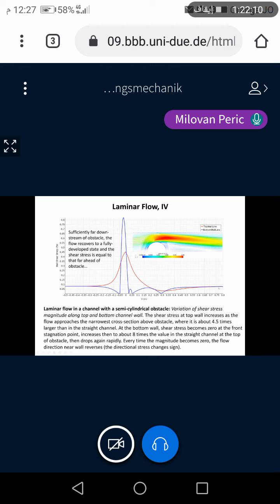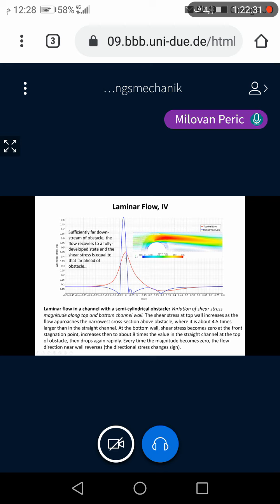And then it recovers, and somewhere further downstream, we will have the same shear stress in the fully developed flow as we had upstream of the obstacle. But this now takes a longer distance, so I didn't compute long enough. But let's say it would be 1 meter further downstream when you get fully developed flow again.